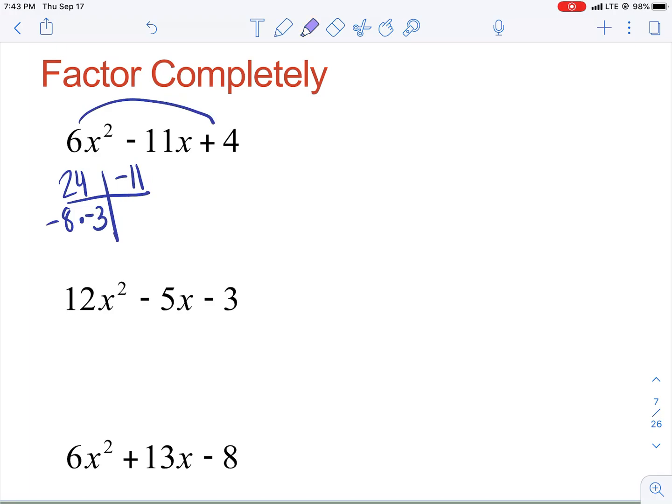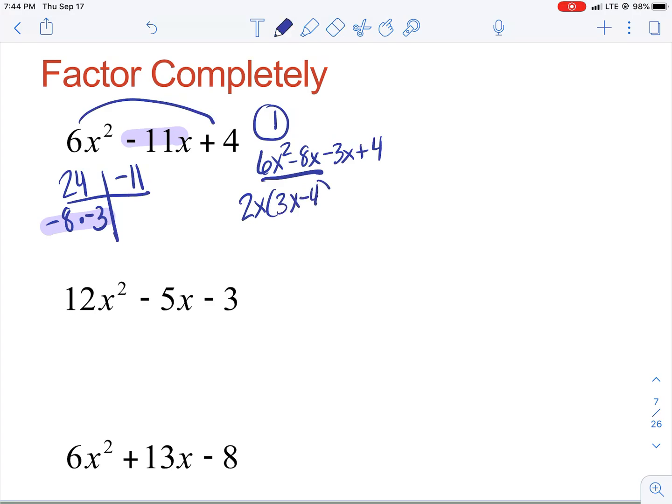So I'm going to take these factors and put them in for 11 if I do this by grouping. So by grouping, I would write 6x squared minus 8x minus 3x plus 4. And I group the first two together. That would be a 2x. Oops, 3x minus, holy cow, start over. 3x minus 4, right?